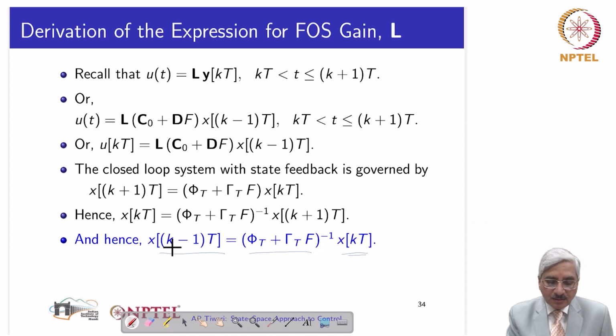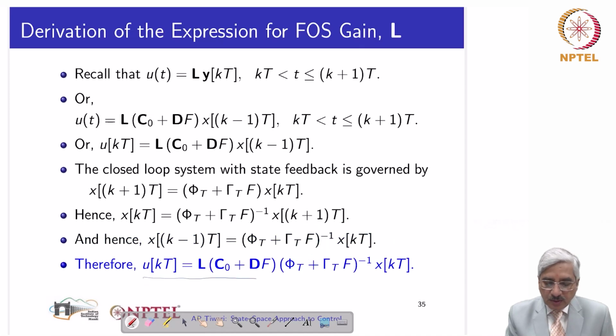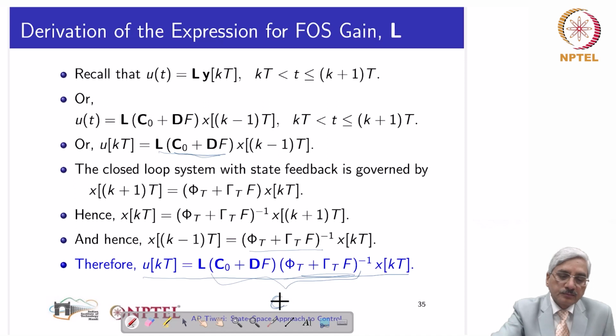This whole thing we can substitute here in place of x(k-1)t, and that will give u(kt) equal to this. This whole thing into this whole thing, which is this. And this whole thing we are denoting by that boldface C.